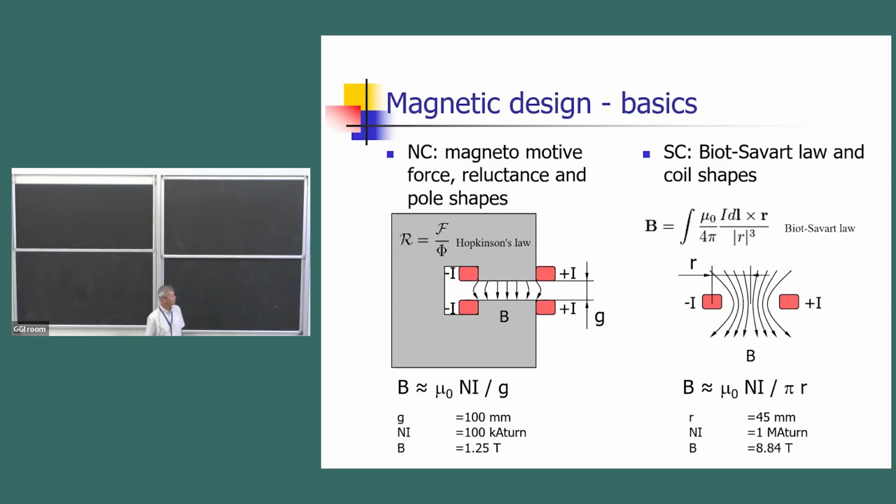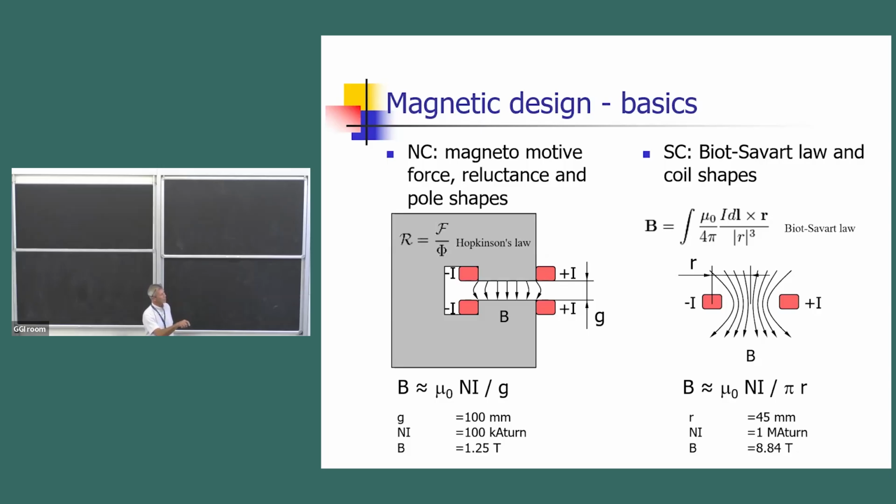If you equate the two, what you get is that the field is proportional to the ampere turns, so the amount of current that goes through the coils, divided by the gap. So to generate a field of 1.25 Tesla in a gap of 100 millimeters, you need about 100 kiloampere turns, okay? So you don't push the current as we said before, remember the mega amp turn.